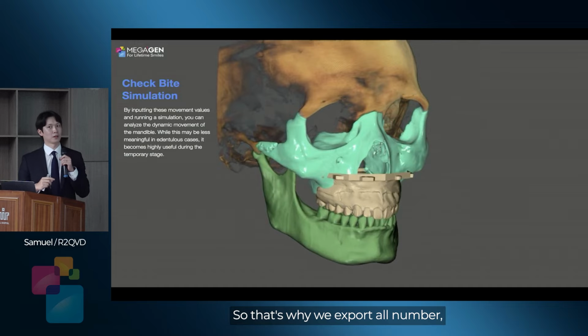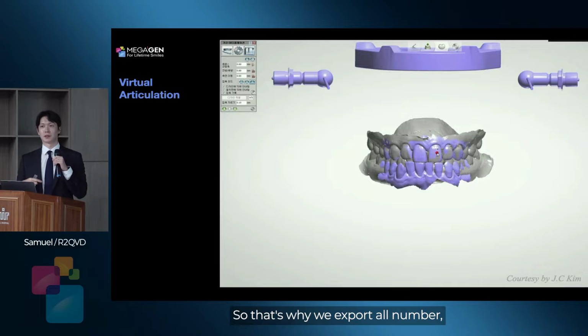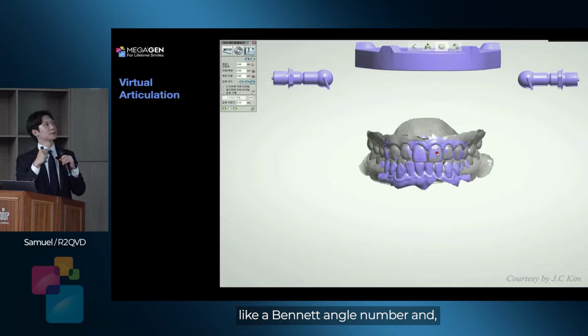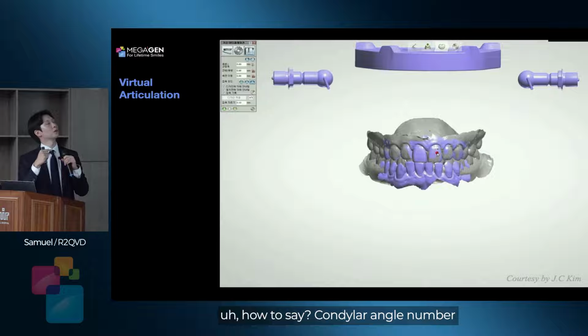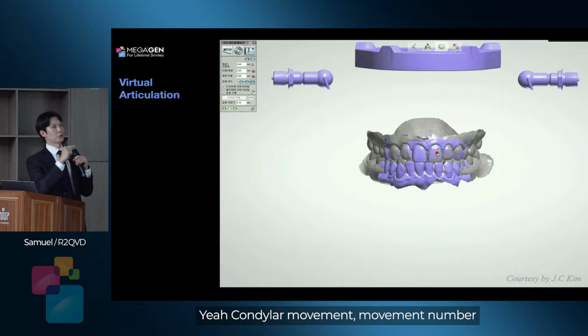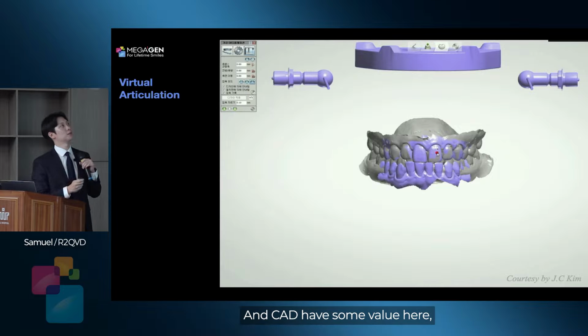So that's why we export all the numbers, like the Bennett angle number and the condylar angle number, the condylar movement number, and the CAD software has some value here.